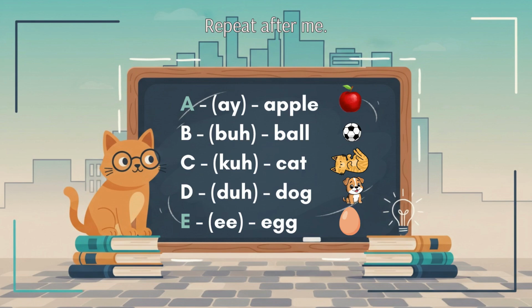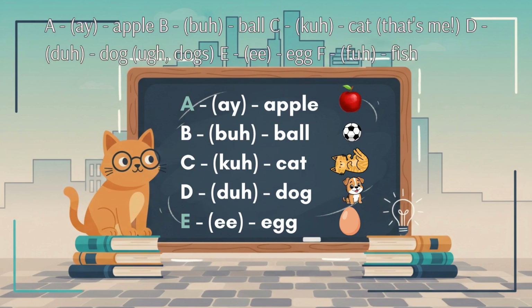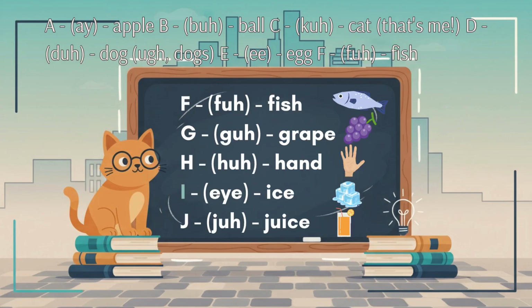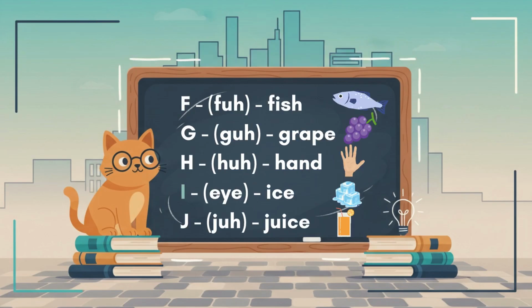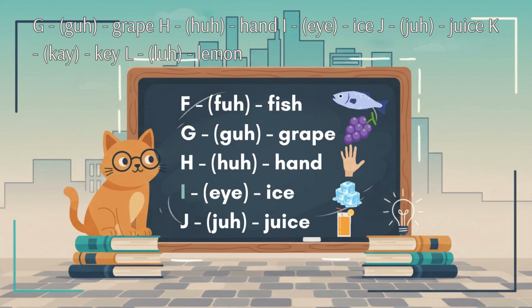Repeat after me. A, apple. B, ball. C, cat. That is me. D, dog. E, egg. F, fish. G, grape.